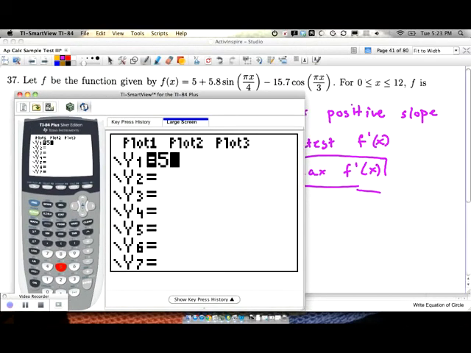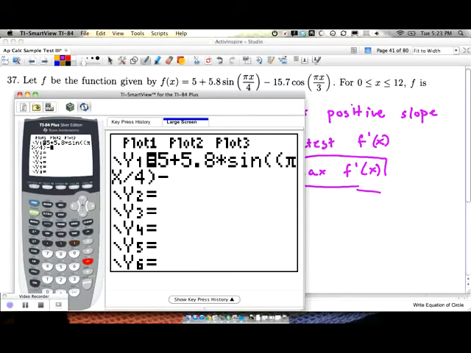We have 5 plus 5.8 times sine. Now in here we have secant pi x divided by 4.